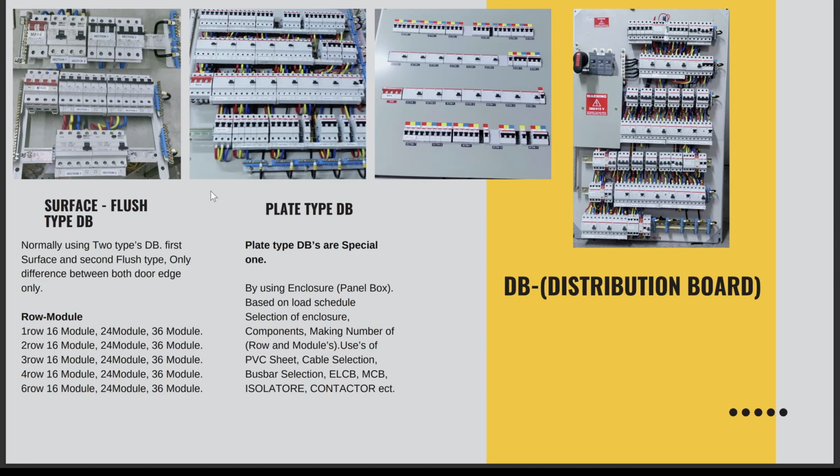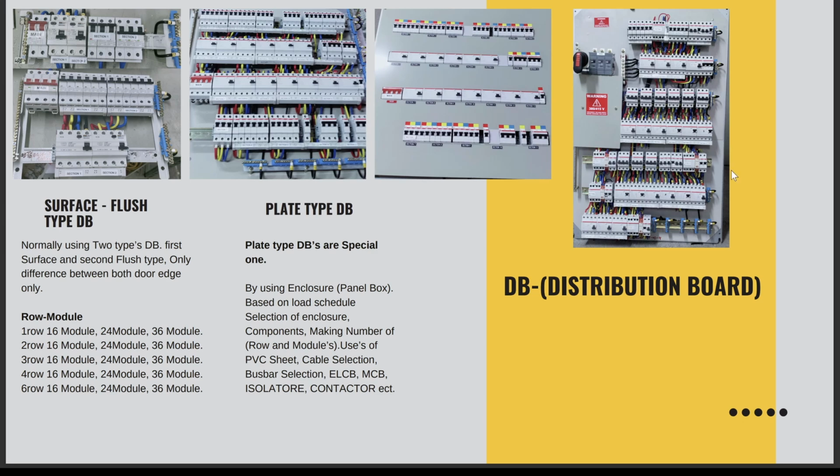Some DBs are a special type, the plate DB. This is called a plate DB. First we select the enclosure based on the load schedule, and we physically make a rail. How many SPMCBs do we want to mount here? As per the load schedule we are mounting here.